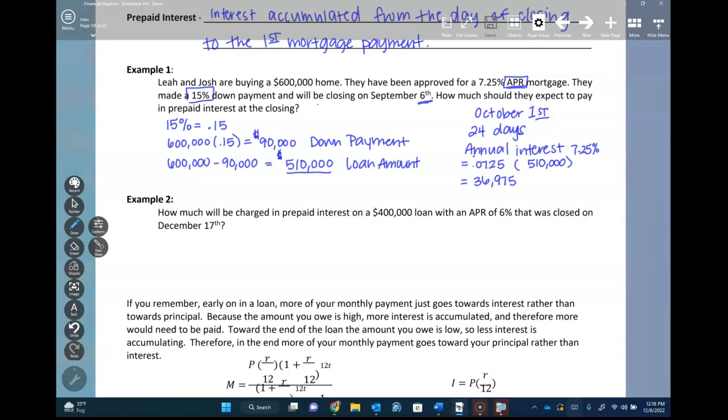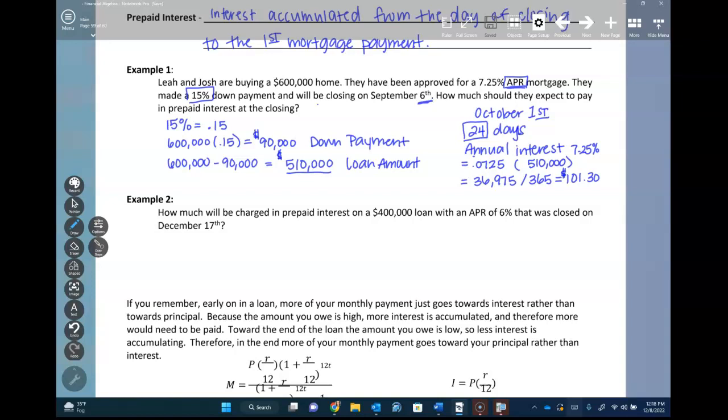Okay, that's what I'm paying every single year. So I'm only going to pay an additional 24 days. To figure out what I'm paying daily, so that way I can total the 24 days, I need to divide that by 365 days, which gives me that every day I'm going to be paying $101.30 for this interest for this property.